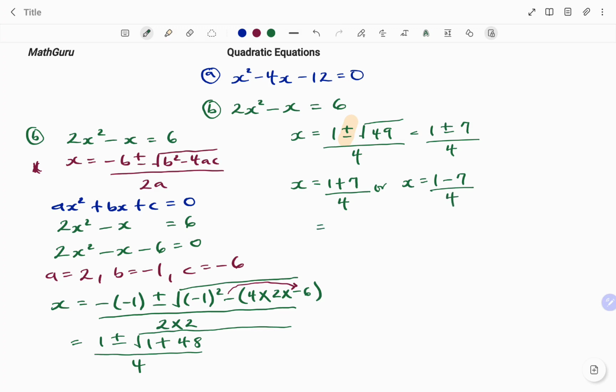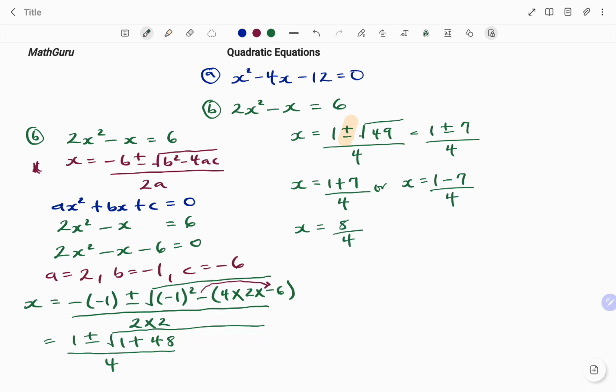So for the first value of x, 1 plus 7, that's 8 over 4. I have that as x1 equals positive 2, or for the second value of x equals 1 minus 7, that's -6 over 4. If I simplify further, x2, the second value of x, equals, dividing both the numerator and the denominator by 2, -3 over 2.